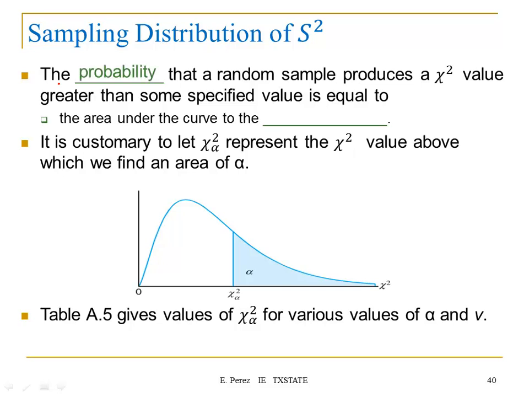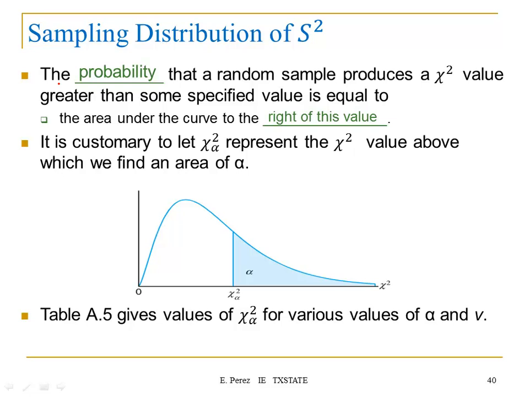The probability that a random sample produces a chi-square value greater than some specified value is equal to the area under the curve to the right of this value.